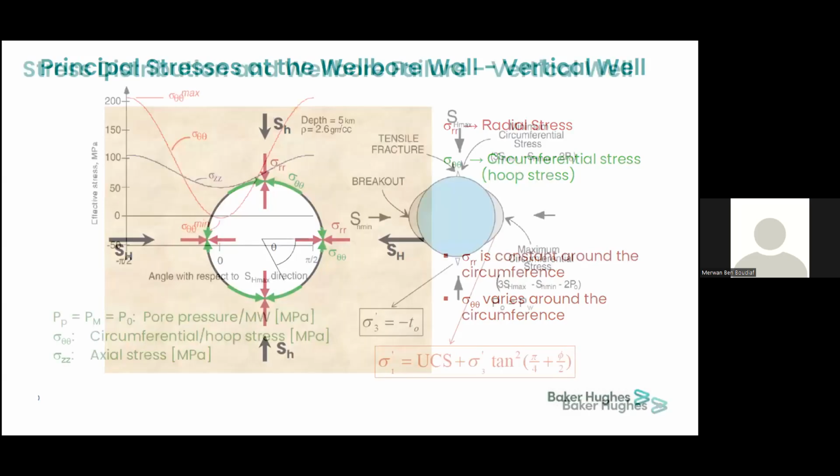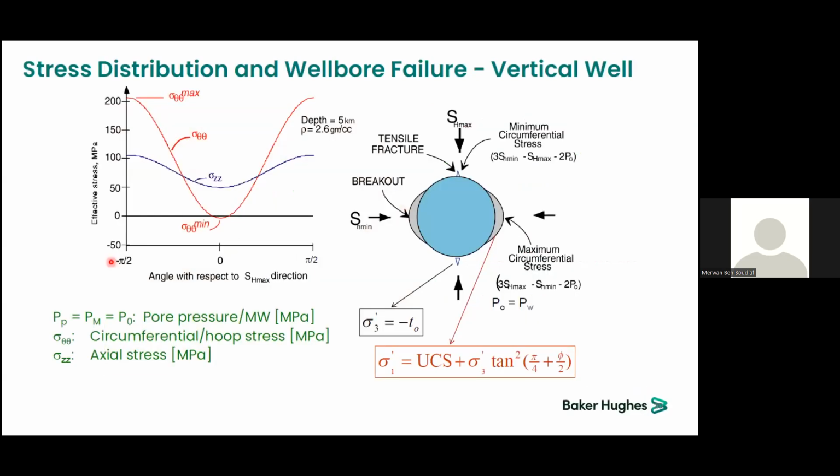Here the red curve is the variation of this tangential stress along the borehole wall on a half circle, so on 180 degrees.